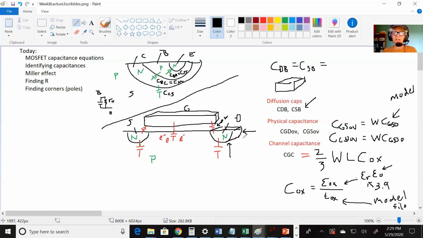But this distance right here is clearly not equal to the length of the gate. This is the L, the length of the gate right here, and that's clearly different than the length of the drain. So when you use these equations, somebody has to give you the length of the drain. You can't use the L from the gate.